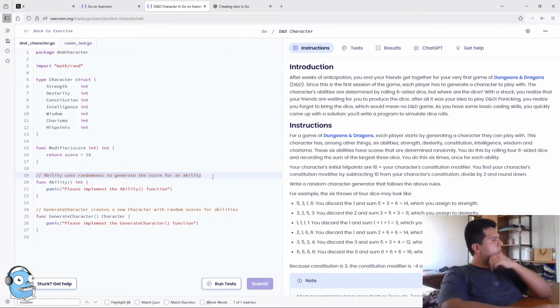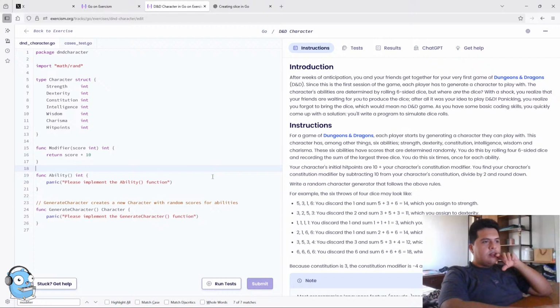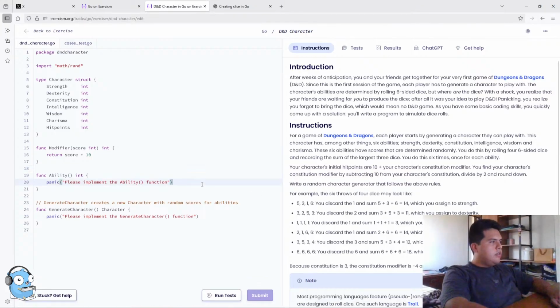Ability: use randomness to generate the score for an ability. Return rand int n of 10 of 6. Okay, game character generate creates a new character with a random score for each ability.